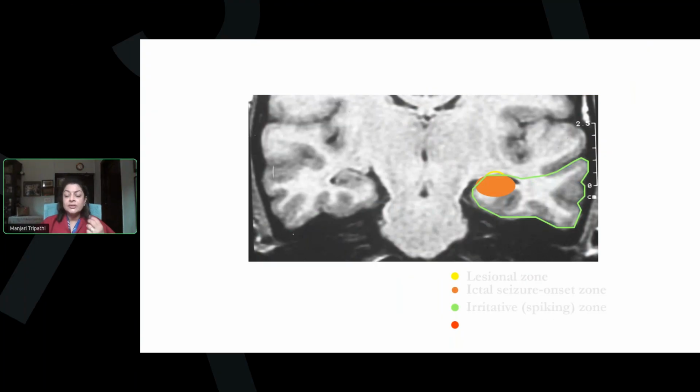We request as neurologists, the neurosurgeons, to remove the minimum amount of tissue which is required to make the patient seizure free, which is what is known as the epileptogenic zone. And the onus of locating this epileptogenic zone depends on various specialities which look into the preoperative investigations.